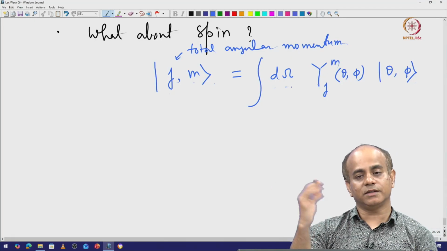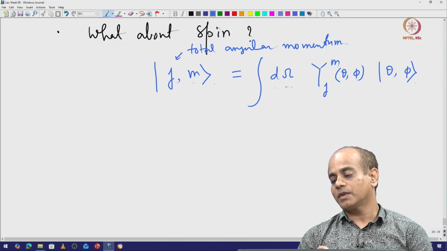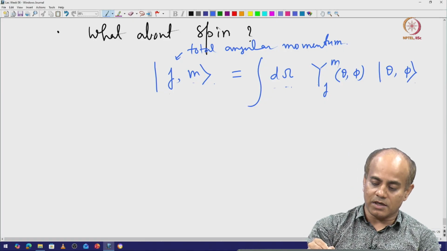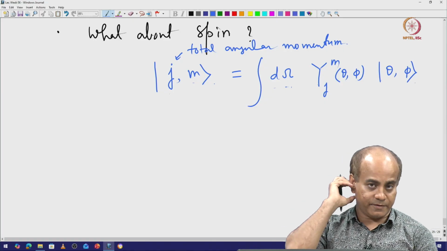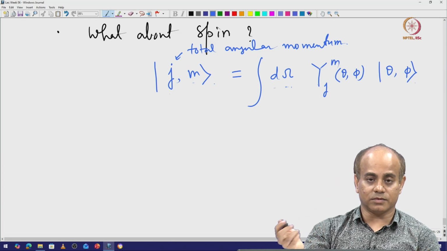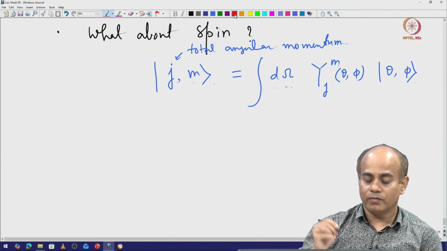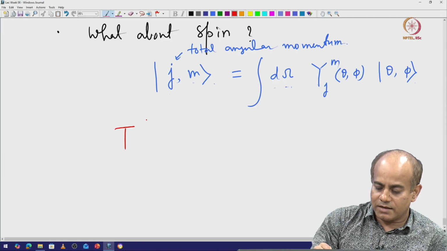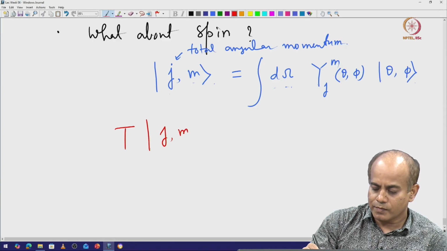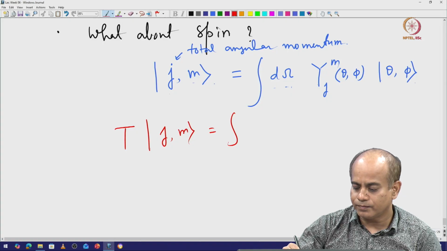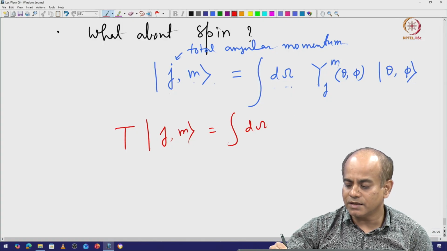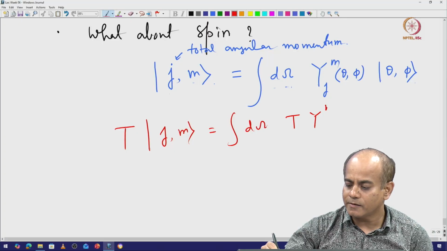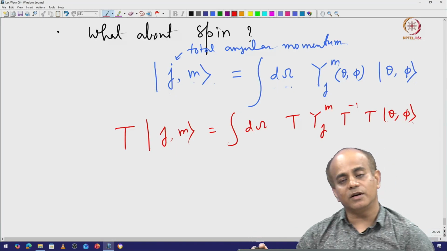This is the solid angle defined in the angular variable. Okay. So, that is how an abstract angular momentum state can be expanded, as an example. And so, now acting T, what we will find is, so again T Y_j^m, T inverse T theta phi, in the spatial coordinates theta phi does not do anything.